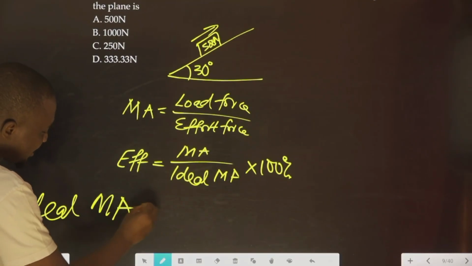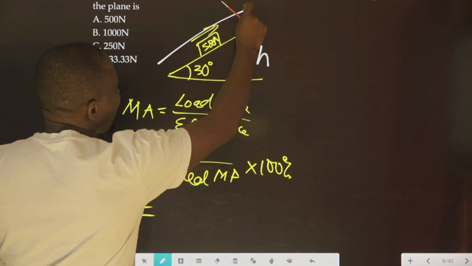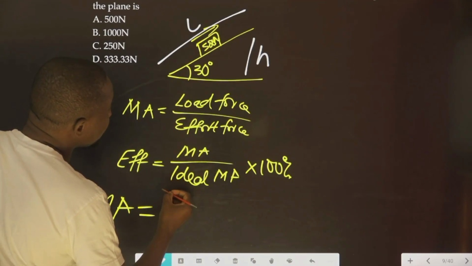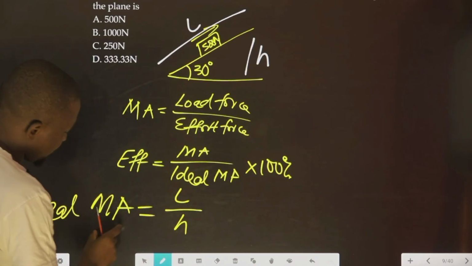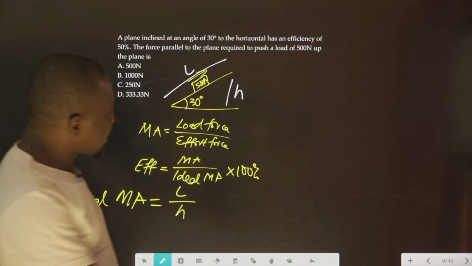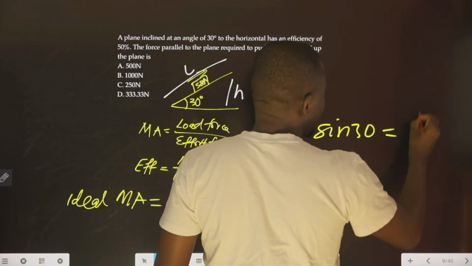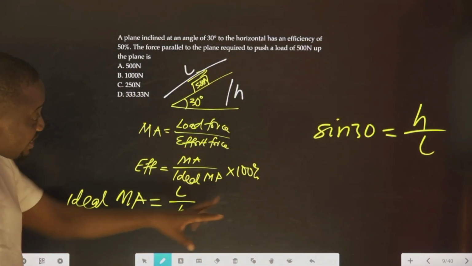Let's call this one H, let's call this one L. That is the ratio of what? This over this. I'm going somewhere. What are you seeing here now? For this, I say opposite over hypotenuse. You agree with me? But here is the reverse.